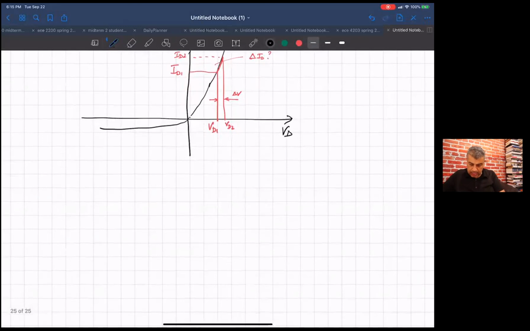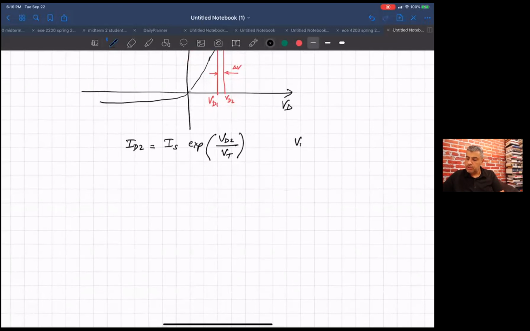ID1 is known, so ID2 is I sub S exponential of VD2 over V sub T.